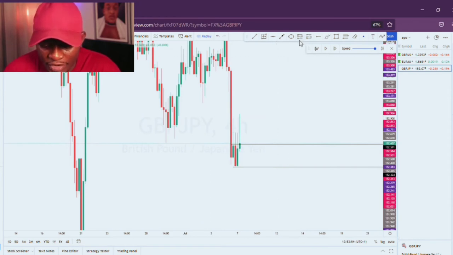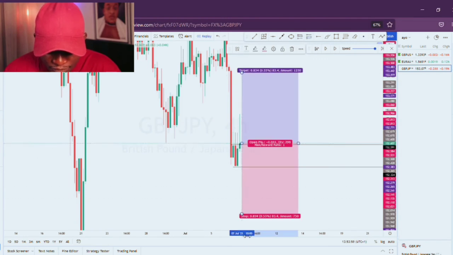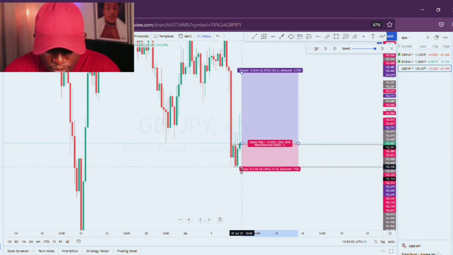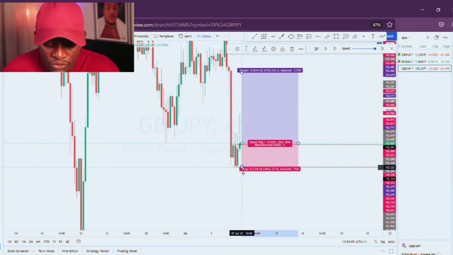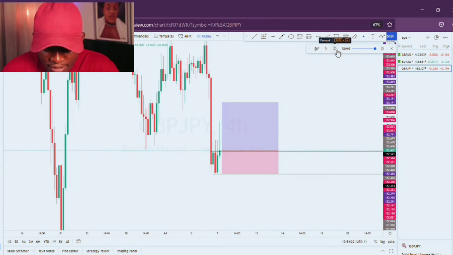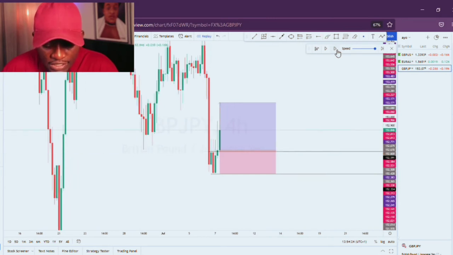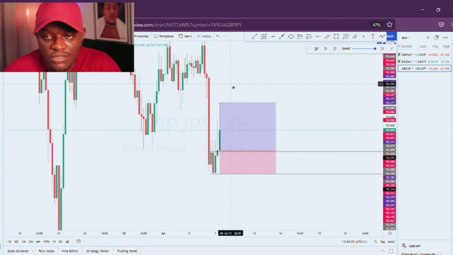So let's say perchance you get into buys somewhere at this point here, and your stop loss is probably below this one, because you know that if price breaks below this point here, you're going to continue to look for sells at that point. So let's say you put that there and you target probably 1 to 2. Let's play. So you can see price hits our target immediately. That's just the power of it.